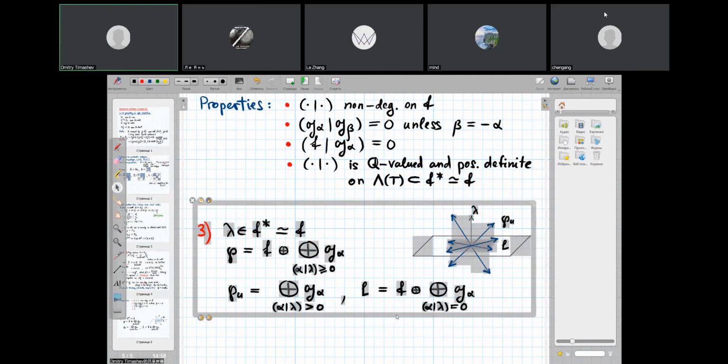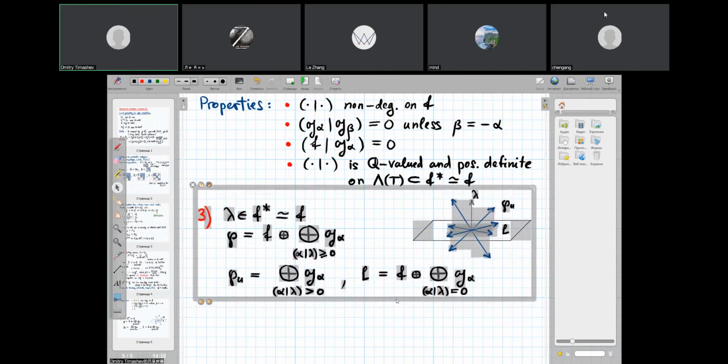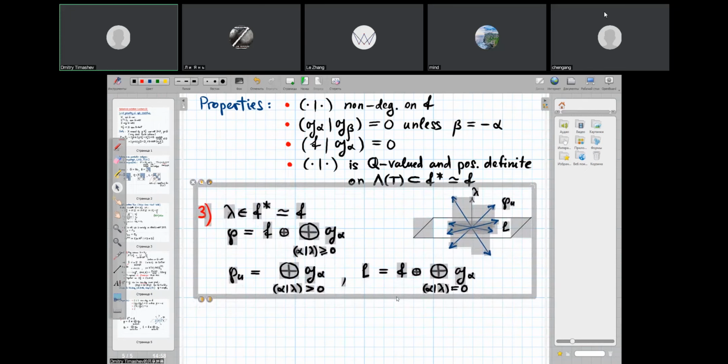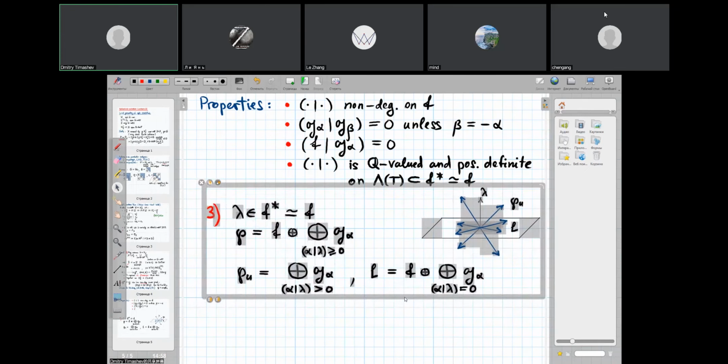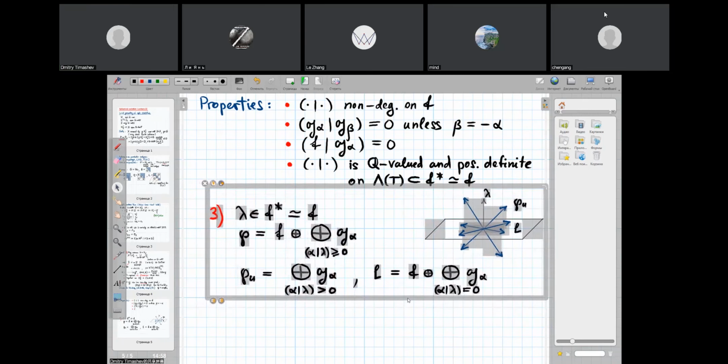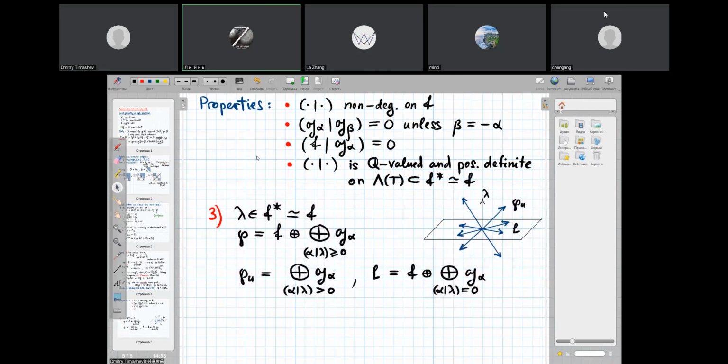Now I can move it back somewhere here. So what is the restriction on this lambda T? Because the span of this lambda T with the coefficients in the field K is T star, right?